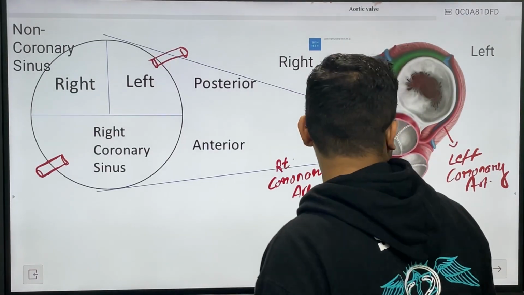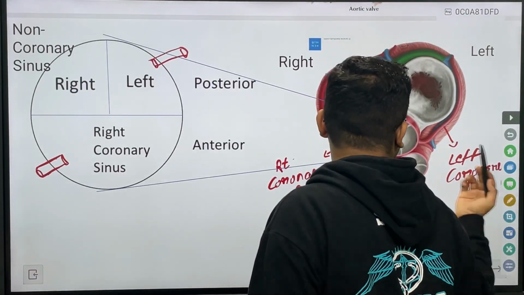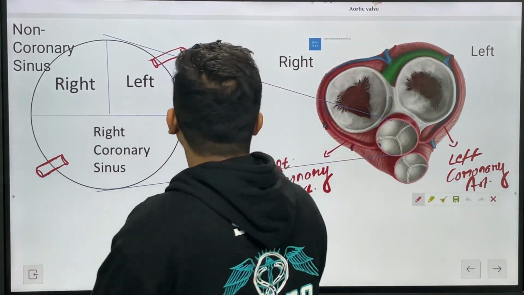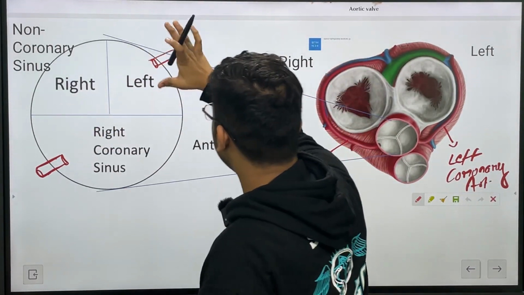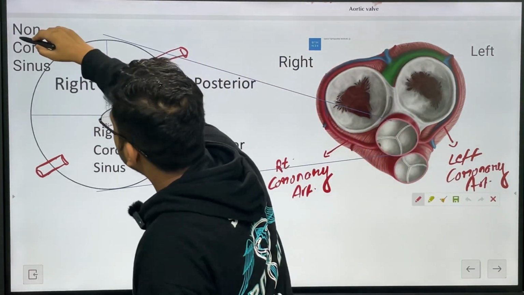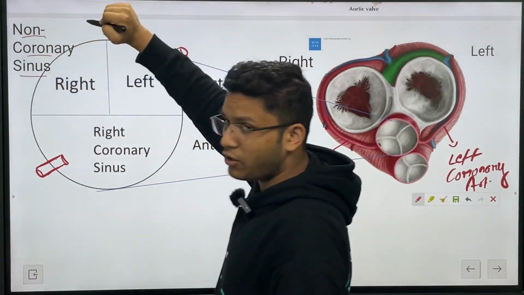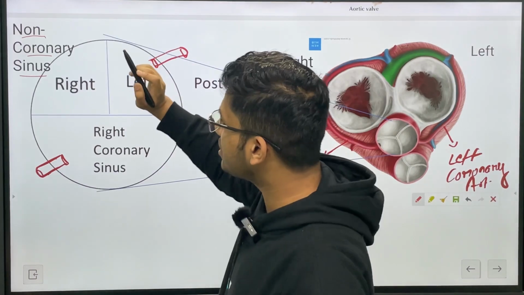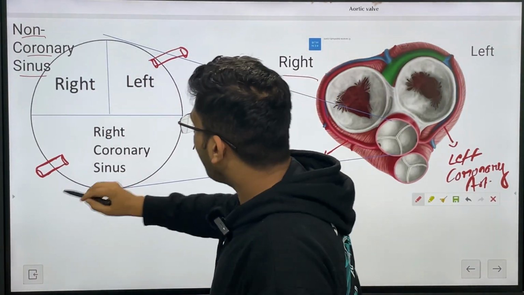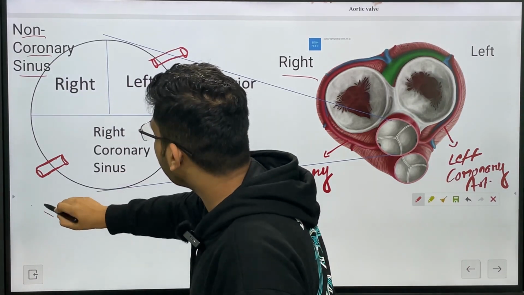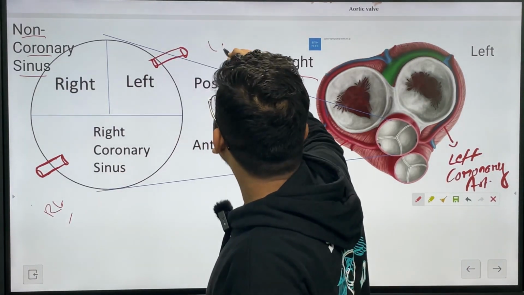This is the diagram which will help you to understand in detail, and it will clear your concept. So here this is the diagram I have designed, I have made for you. Non-coronary sinus, I already told you, is the sinus which is not giving right coronary artery or left coronary artery.